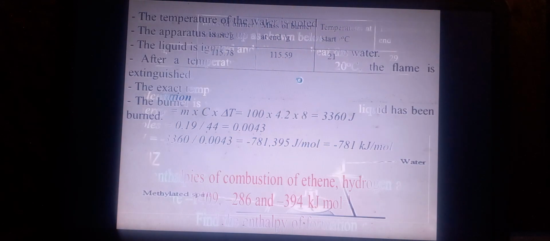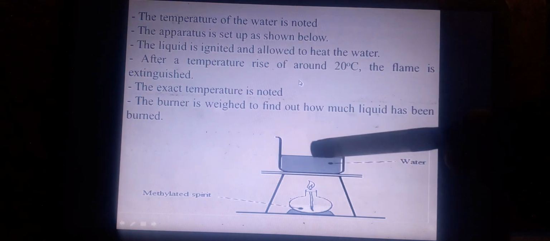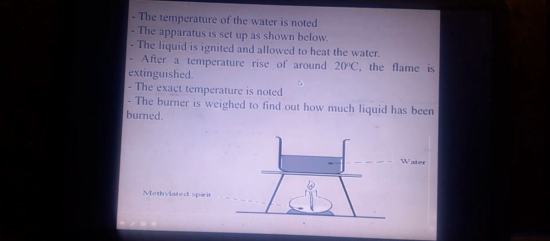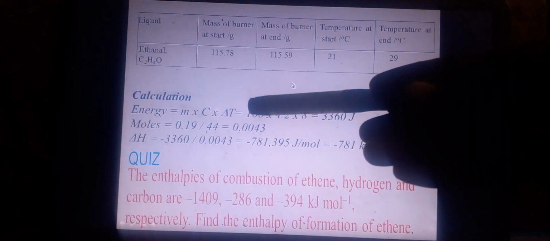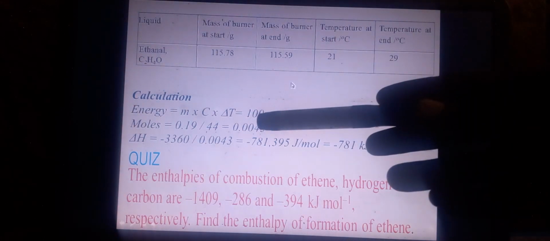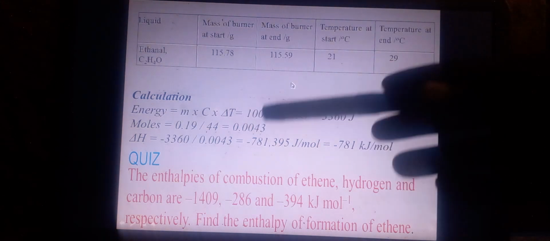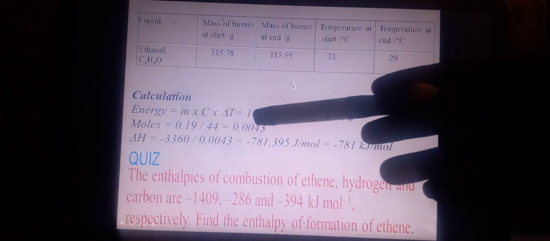Maybe you can just go back and look at that diagram. This is our water. You take the initial and the final temperature of water. The volume of water used was 100 cubic centimeters. You take 100 cubic centimeters and multiply by 1 gram per cubic centimeter to convert that volume to grams.